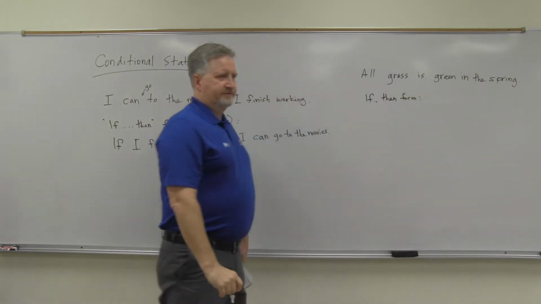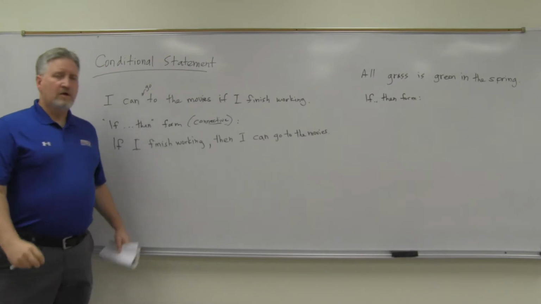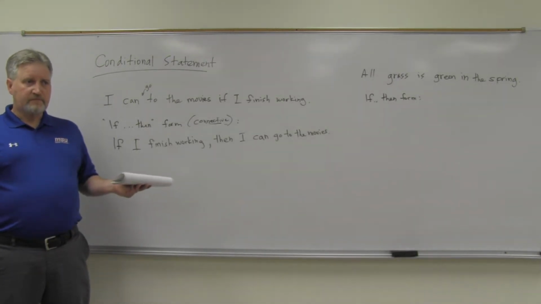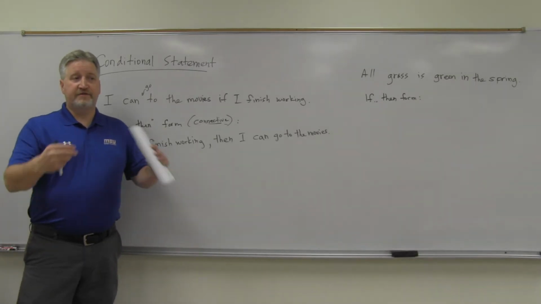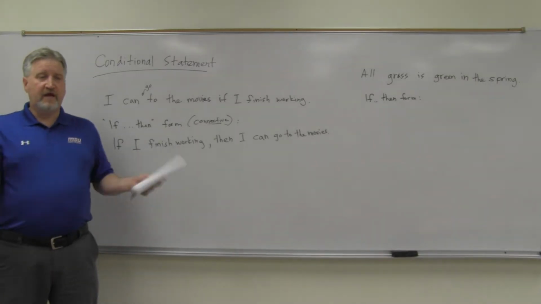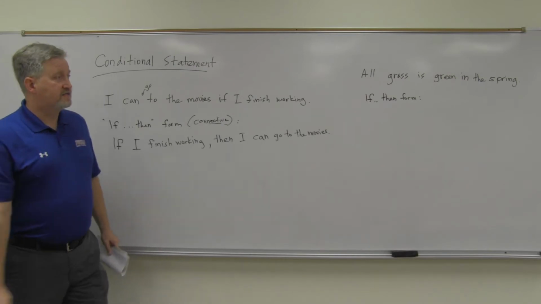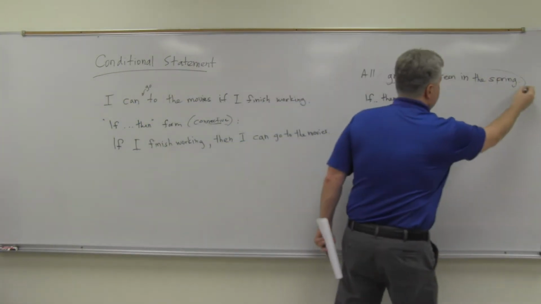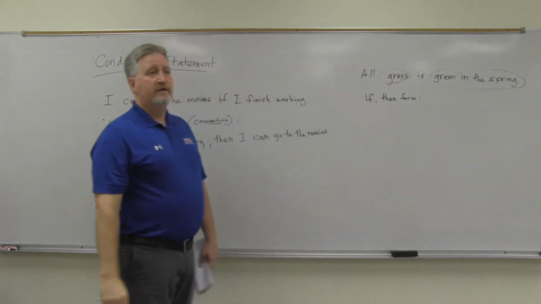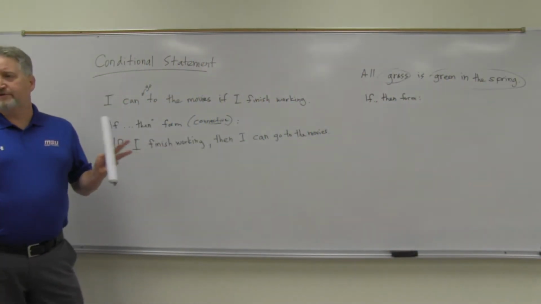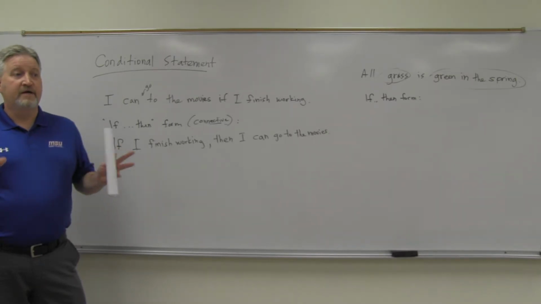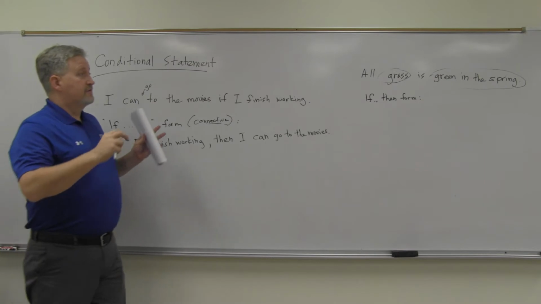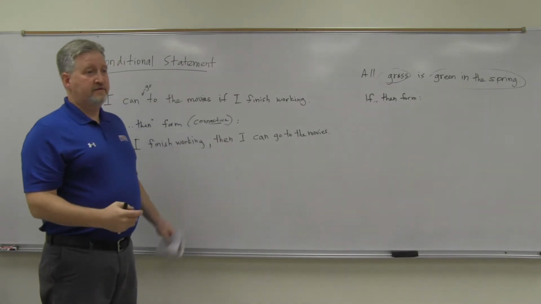So here's how this works. When you have a statement like an all statement, we'll do a no statement as well. The way you do it is you got to break it up into two parts. The two parts are you got grass and you got green in the spring. We'll have to do some rewording, but those are the two things that are represented here. So that's how we're going to break this into an if-then.